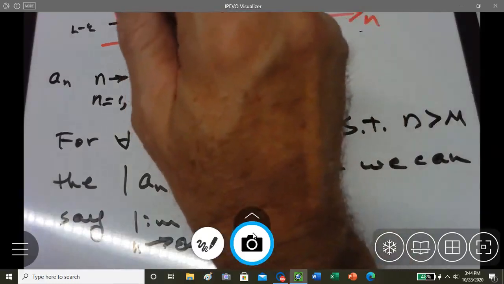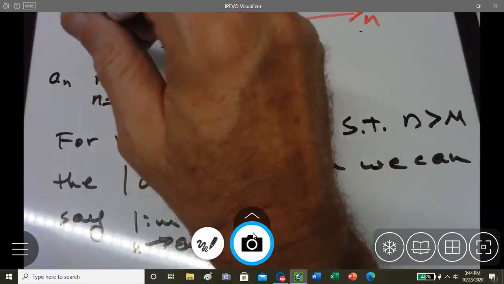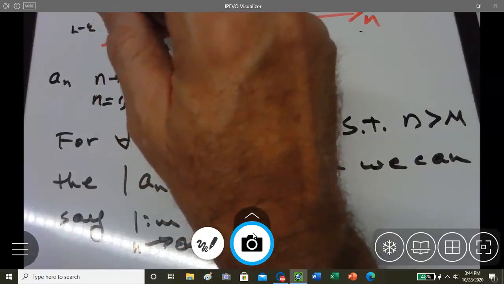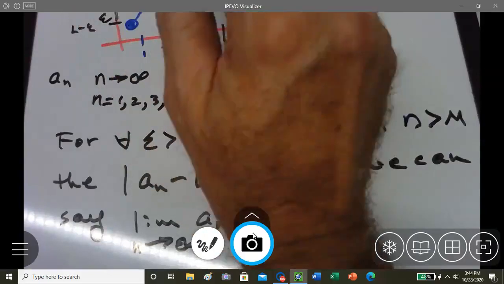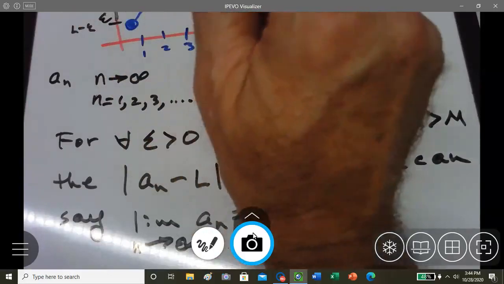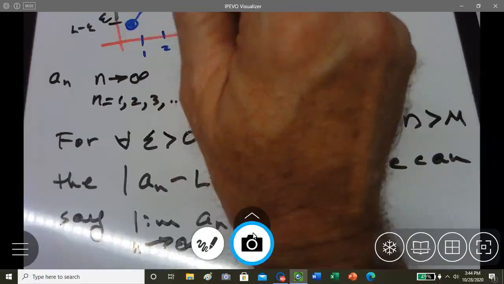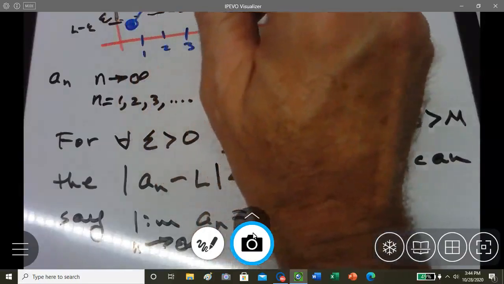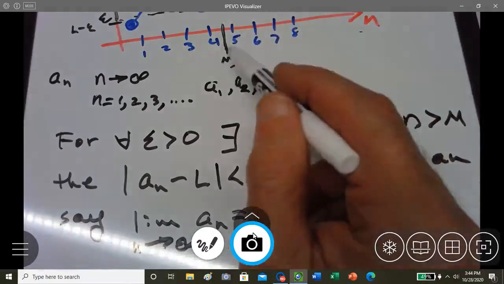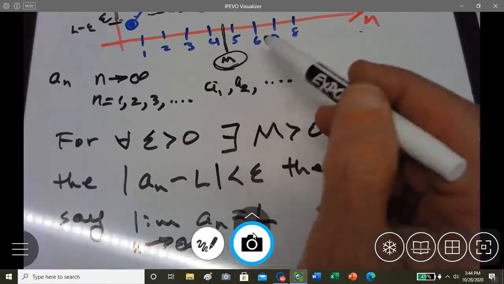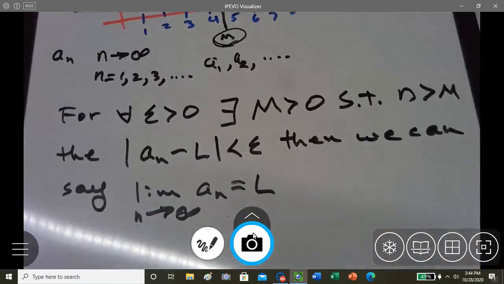So here, this point is outside of epsilon. If we're looking at this as epsilon, this would be limit minus epsilon, limit plus epsilon. But once it gets past this point, then it's inside epsilon. So that's what we're trying to do. We need to find what this m is. That's going to be our objective in this lesson.